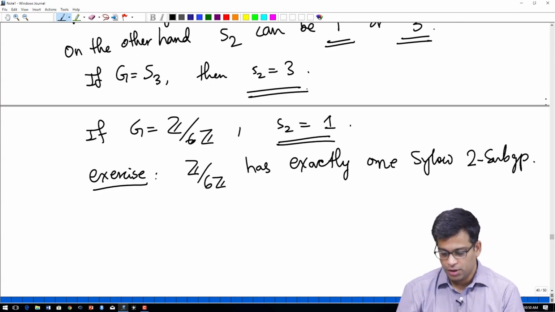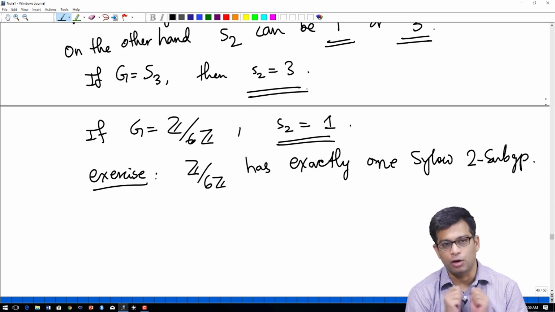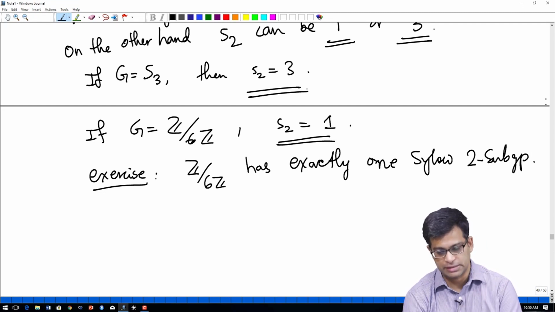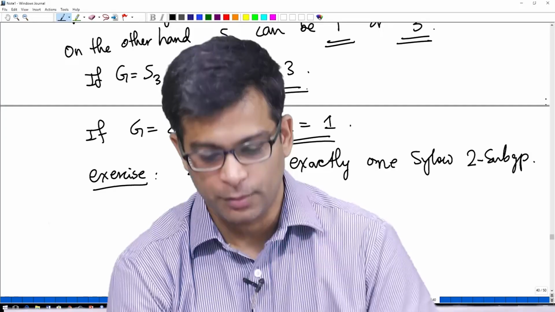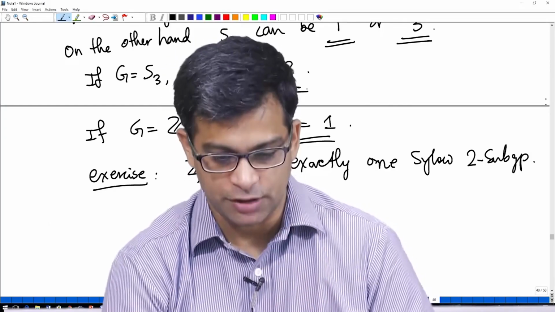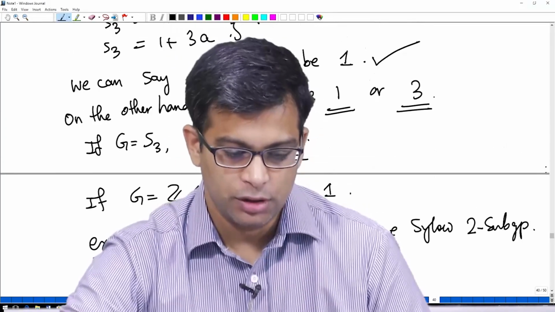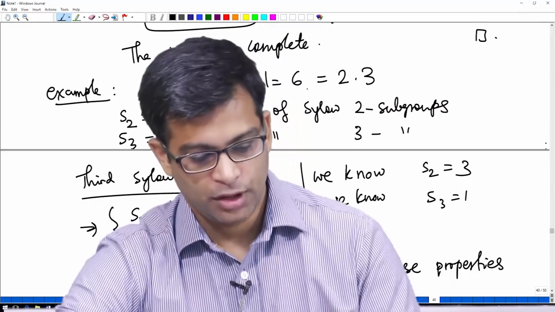So, just to recap, the third Sylow theorem is not a conclusive answer to the question of how many Sylow p subgroups exist, because it only gives you a range, as this example of order 6 suggests.